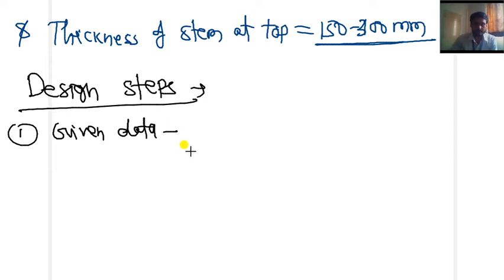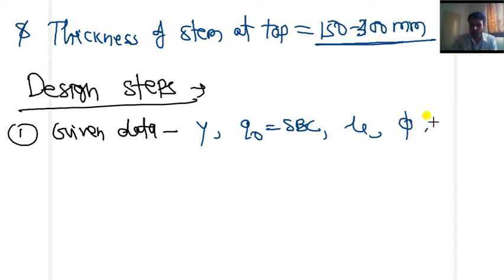In given data, we will have density of soil, soil bearing capacity, that is Q naught, coefficient of friction, frictional angle, grade of concrete, grade of steel, and height up to which the soil has to be retained by the retaining wall. That means the value of H2 will be given. So these are the given parameters.